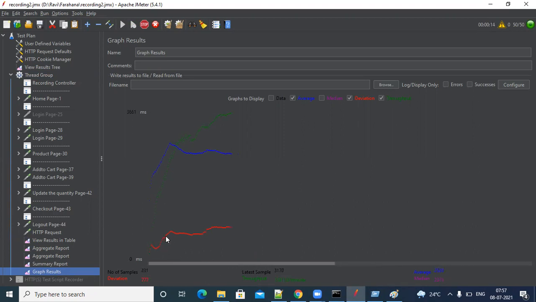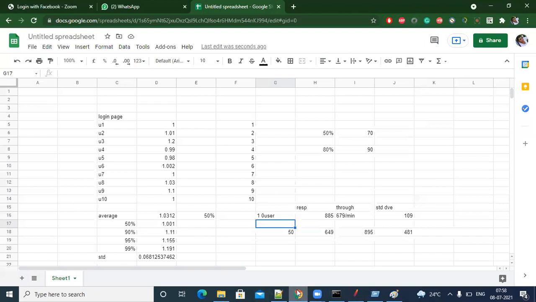See, your deviation is slowly starting to increase, so it means it's not able to handle the 50 user load. Understood, right? It's increasing, increasing, increasing. And now our average is 2687, and the previous one was 885. A lot of difference, right? 2687. It means it's not able to handle 50 users.